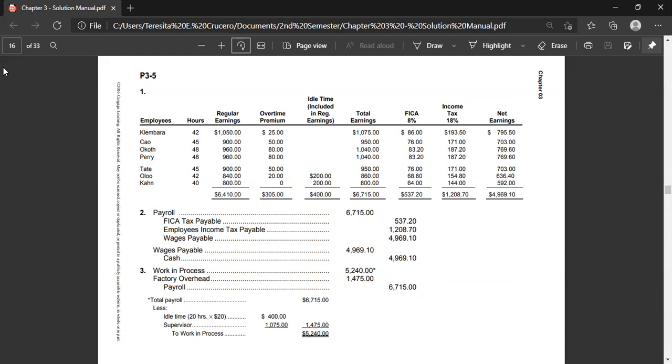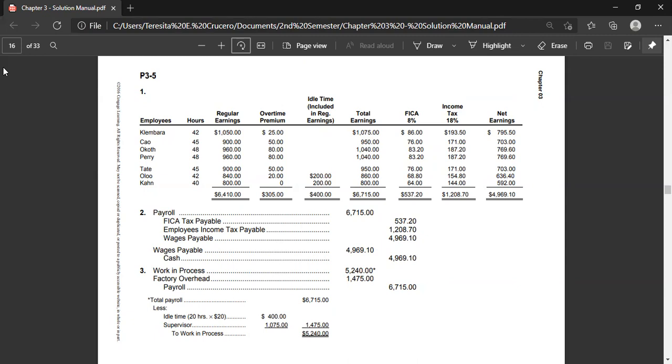Then we have the payroll taxes on factory wages, and for administrative and sales salaries, giving the total payroll taxes. So for requirement number one, using the above form, we just copy the employees' names.